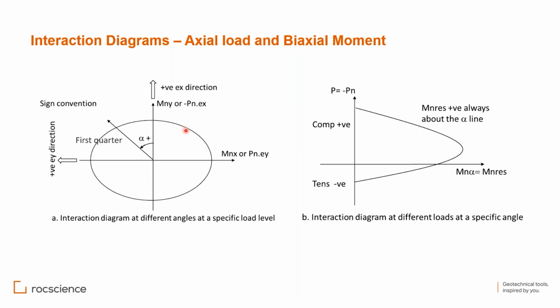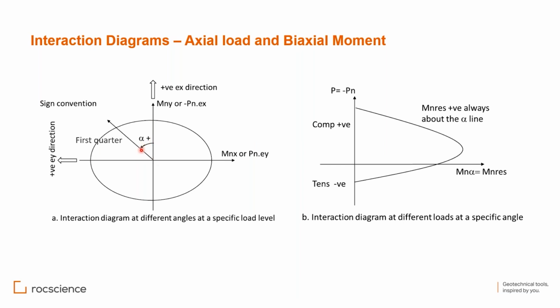So for any alpha, you can find how much. See, this axis is Mnx. This axis is Mny. N is used for nominal, so it's the maximum capacity, the ultimate capacity of the section. So that's why in this diagram alpha is taken from the Mny axis.